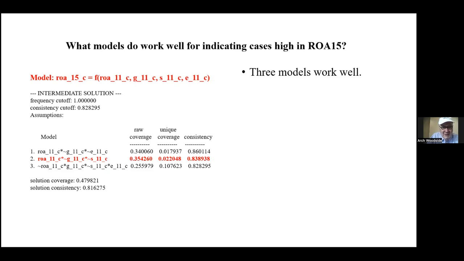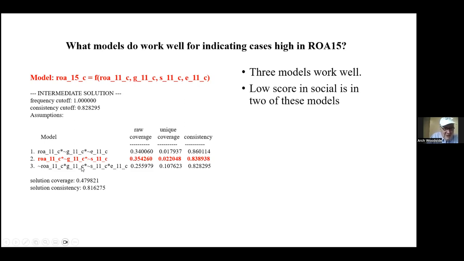And this is ROA for 11, G or governance for 11, S social for 11, and then E environmental for 11. And we found out that 3 models worked well, and low score in social was in 2 of the 3 models.